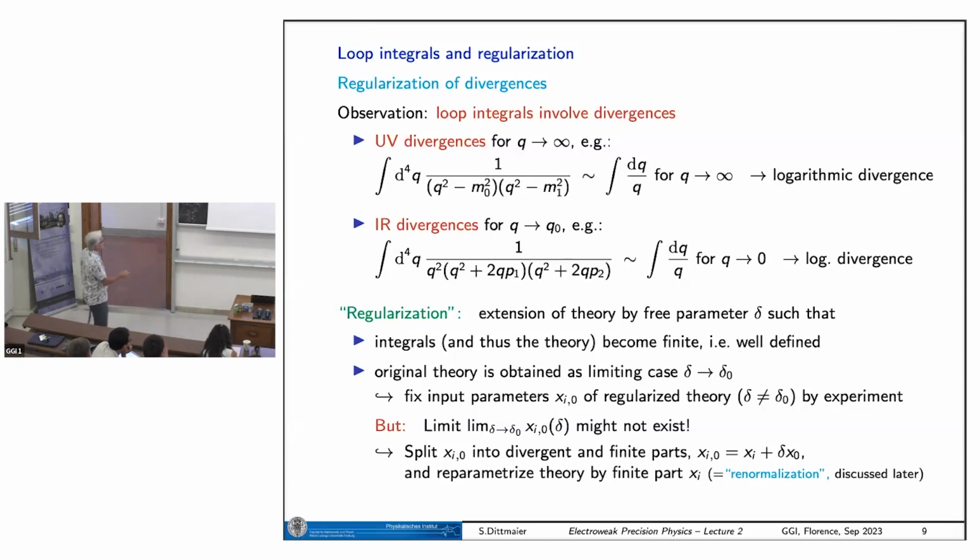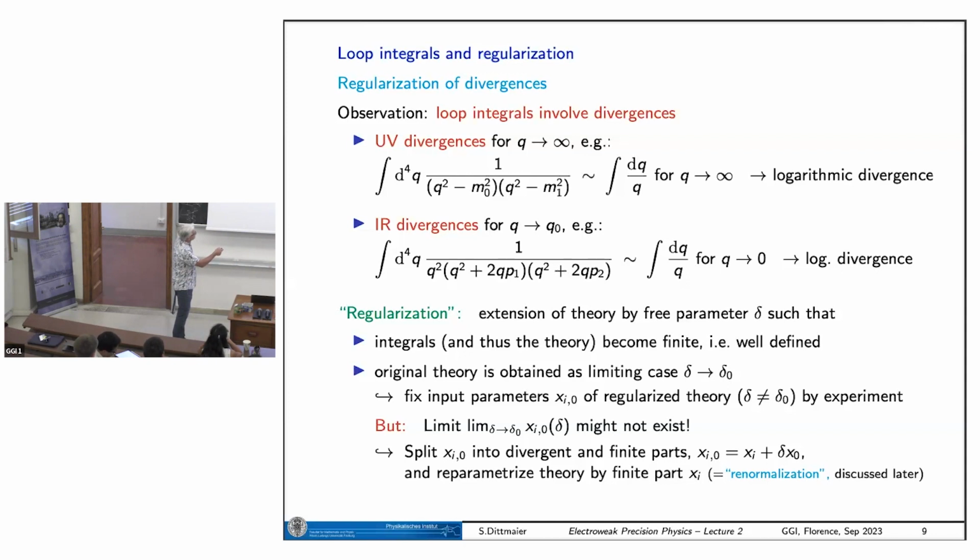And when I now go to the region of this integral where q is very small, q goes to 0, that means the q0 here is 0, then I see the leading part of this propagator, for example, just comes with 1 power of q, the same here. So I have 1 over q squared here, which means, again, if I count now the powers for q going to 0, the leading term goes with 1 over q to the power 4, again d^4q in the numerator in the integration measure.